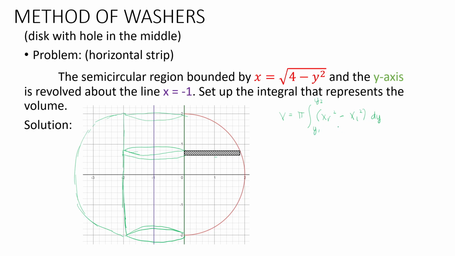Your x right is just the red graph, so this term here. So this one is automatically your x right. Now the x left is the y-axis, which is equal to x equals 0.